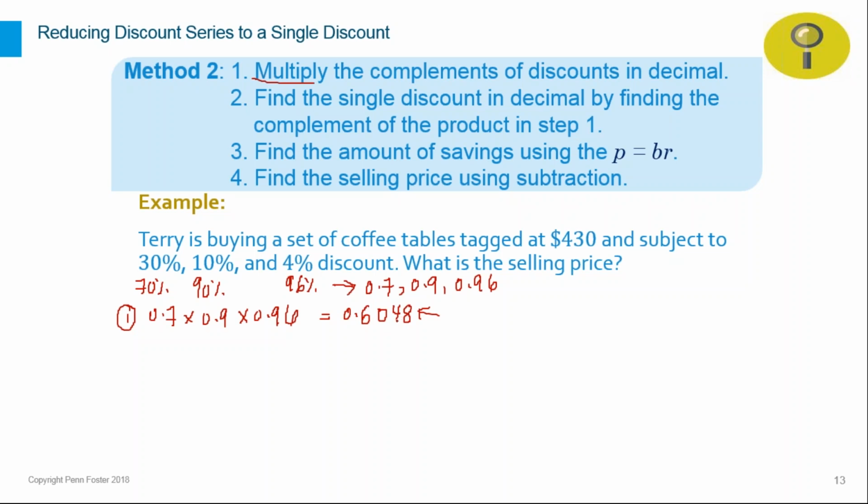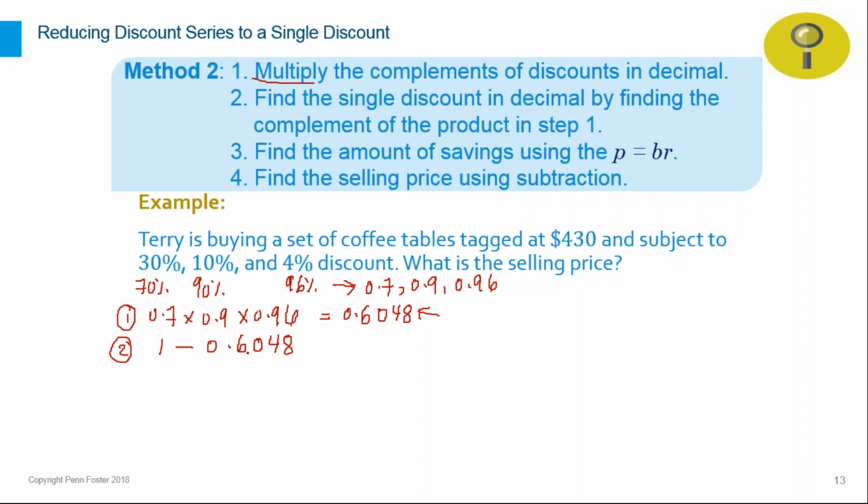Now, number 2, find the single discount in decimal by finding the complement of the product in step 1. This is the product in step 1. You need to find the single discount. This is not the discount. This is the selling price percent of the tag price. To find the complement, since it's a decimal number, I need to subtract this decimal from 1. 1 minus 0.6048. When we found the complements here, we did 100 minus 30, or we could do 1 minus 0.3 will give you the 0.7. 1 minus 0.1 will give you the 0.9.